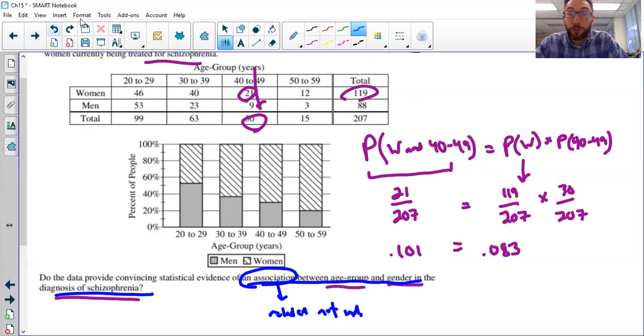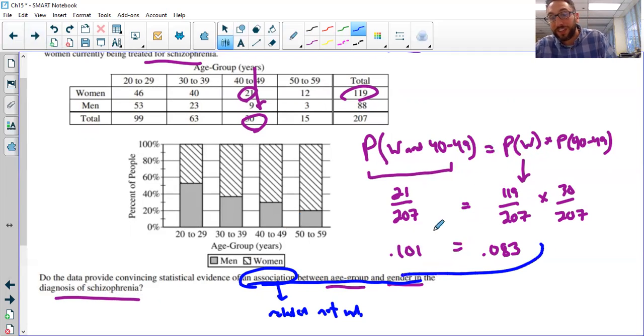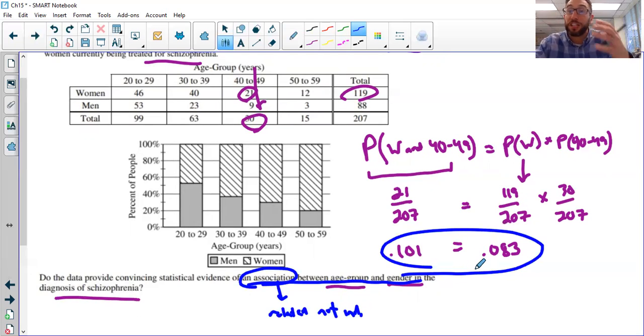If one of my other students wrote, there is not evidence of an association, or in other words, said age and gender are independent because the probability of woman in age 40 to 49 is about the same as woman times 40 to 49, right? If someone interpreted this as saying these are about the same, roughly the same, I'm not going to stress too much about that. I don't know that I agree, but they understand the concept, and that's what's most important.